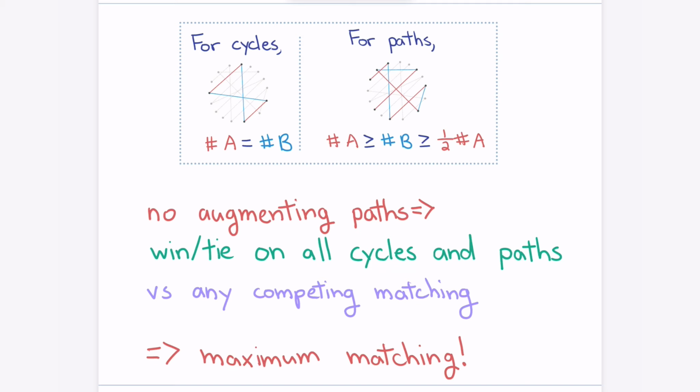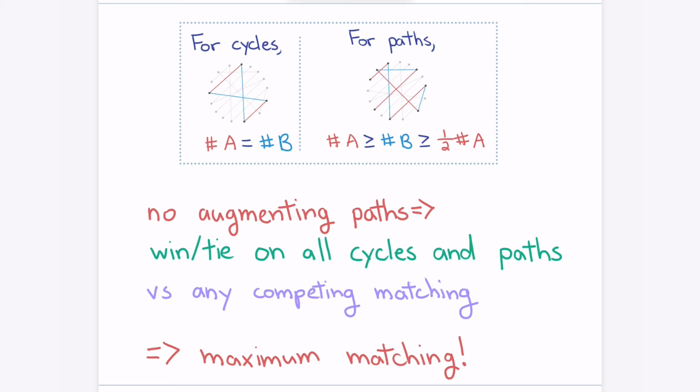Okay, so when I compare to opt, I know that I'm tying already on all the cycles. If I take my matching and the opt matching, throw them on top of each other, it breaks down into matching edges we both took, and then disjoint cycles and these alternating paths, right? So on cycles we're already tying opt, and on these paths, if red is opt and blue is me, if I had a path that was like red, blue, red, then that would give me an augmenting path, right?